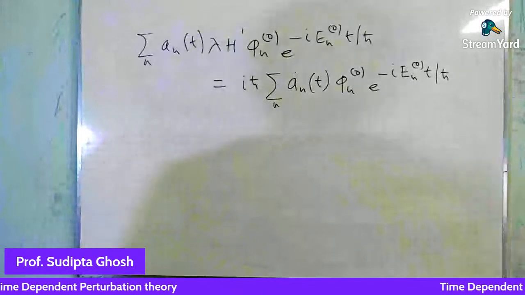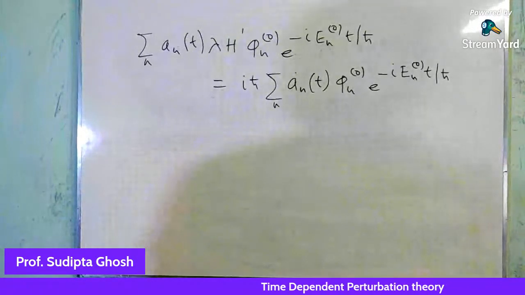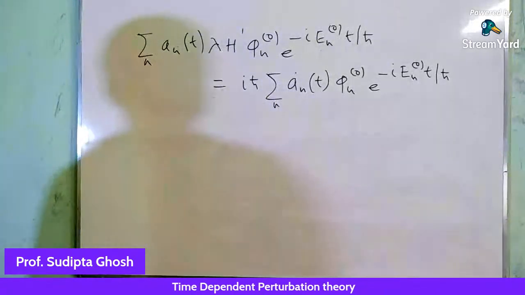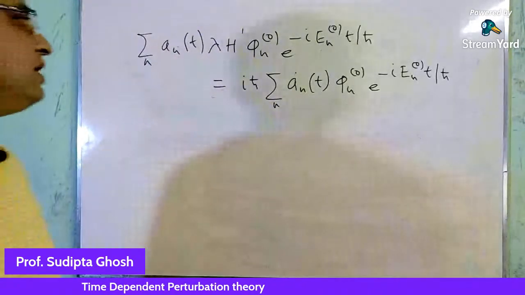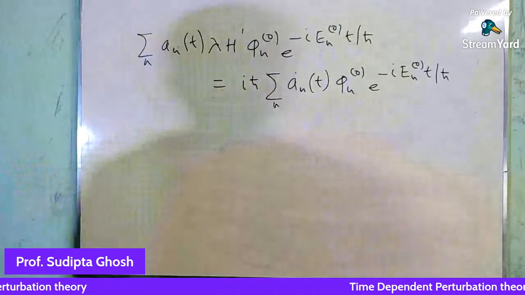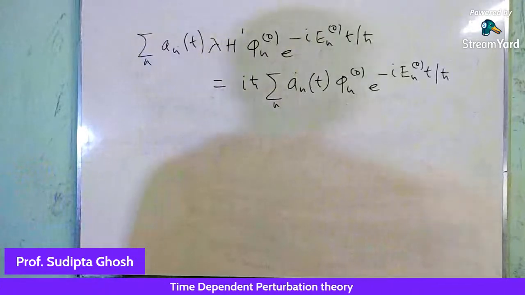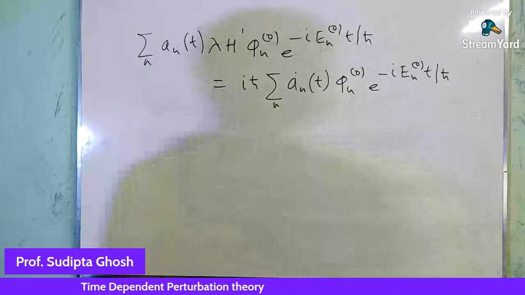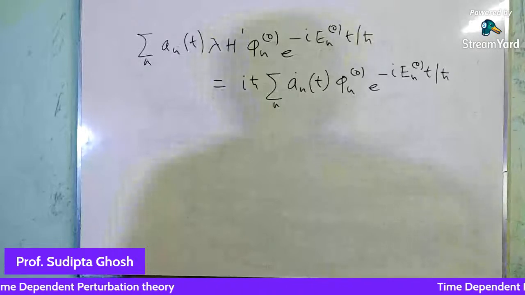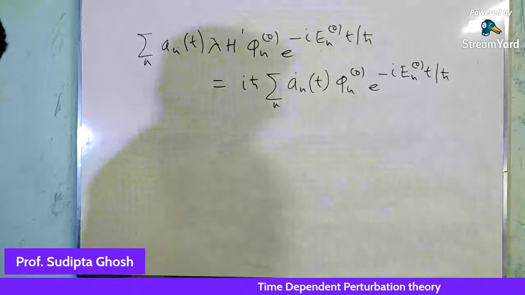So this is the equation: in the left hand side it is summation of a n t lambda H prime phi n0 e to the power minus i En0 t by h cut, that equals i h cut summation over n a n dot t phi n0 e to the power minus i En0 t by h cut.